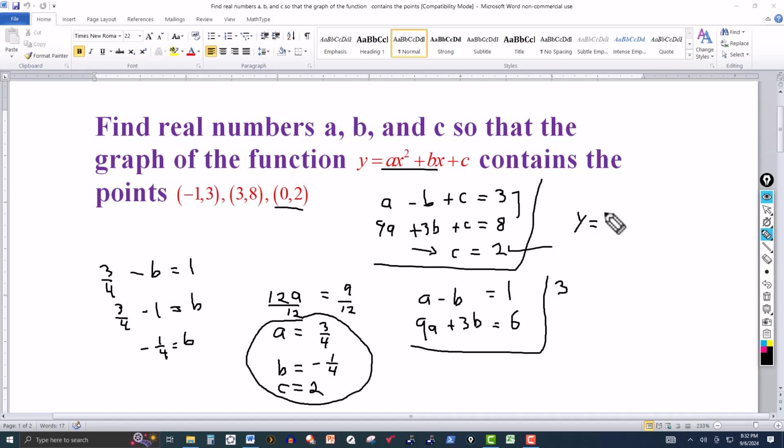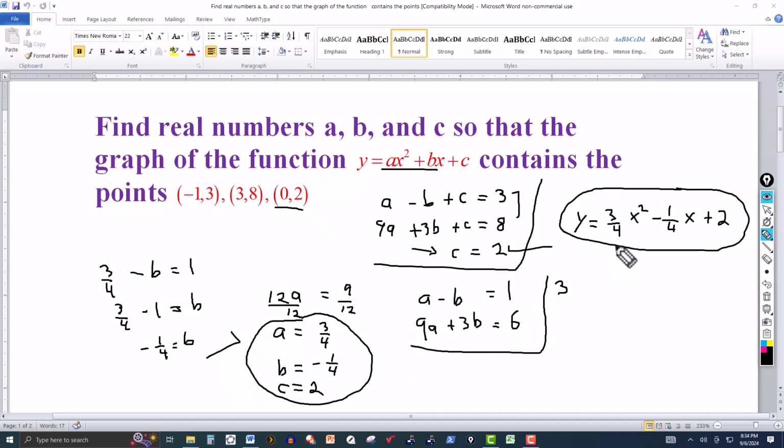So y equals 3/4 x squared, and the b is minus 1/4, so y is equal to 3/4 x squared minus 1/4 x, plus, of course, the value of c, which is 2. If they ask you for the actual function, you can just plug in the values for a, b, and c. In this case you only want the values of a, b, c, so we have them right here.